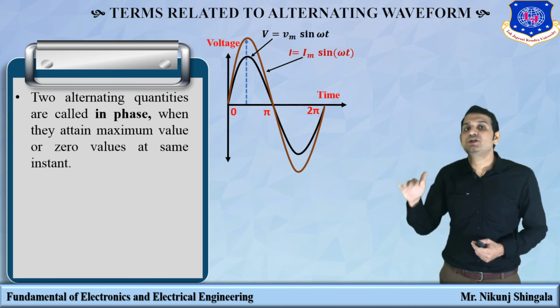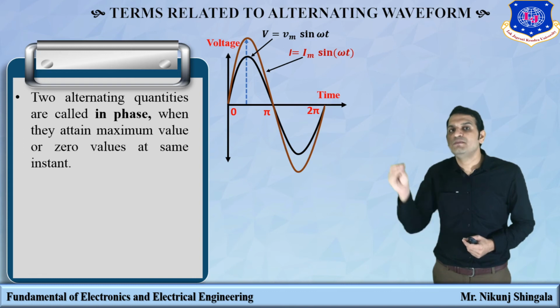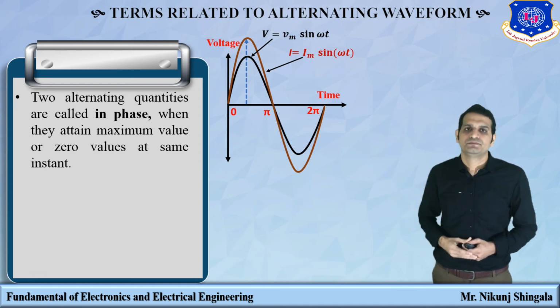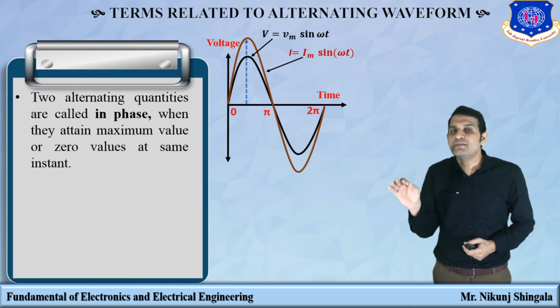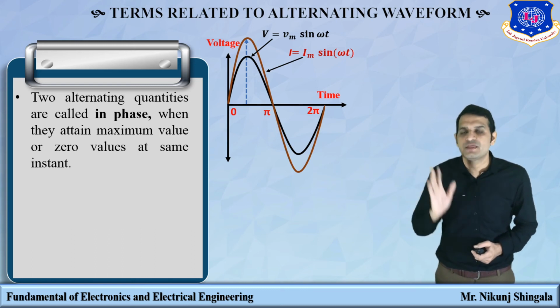So both are said to be in phase. And in phase means the phase difference between these two quantities, voltage and current, is zero. The condition to determine the phase difference between two alternating quantities is that both quantities should have the same frequency.